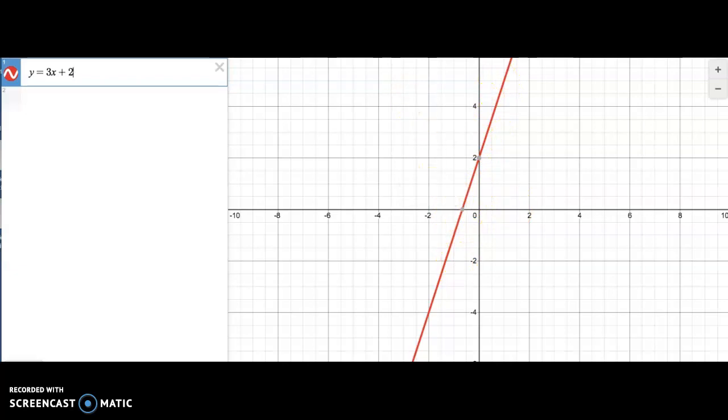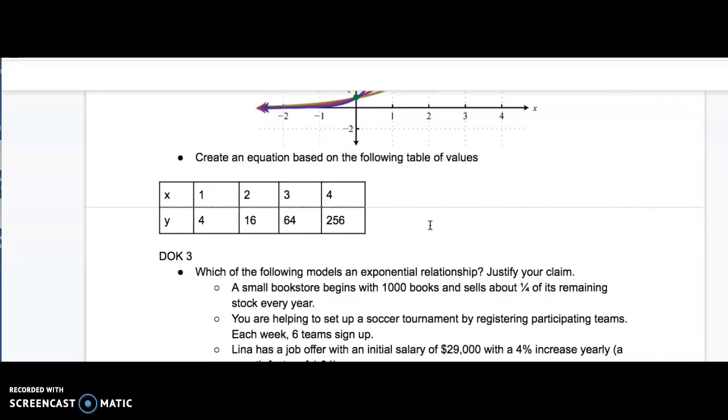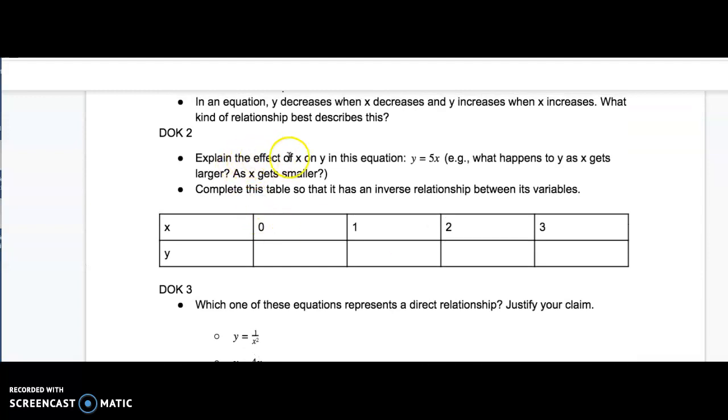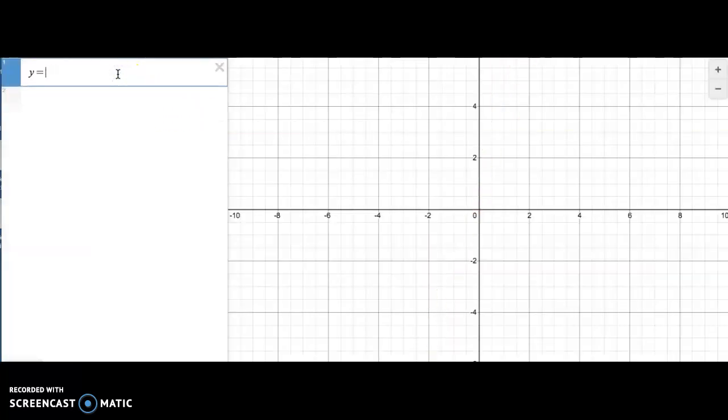So that is a direct relationship. So when x goes up, y goes up. Okay. Explain the effect of x on y in the equation y equals 5x. Okay. So if we just plug that into Desmos, right? So we see that when x gets bigger, the y goes up. So that is a direct relationship.